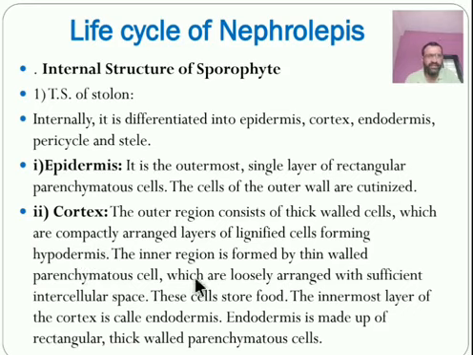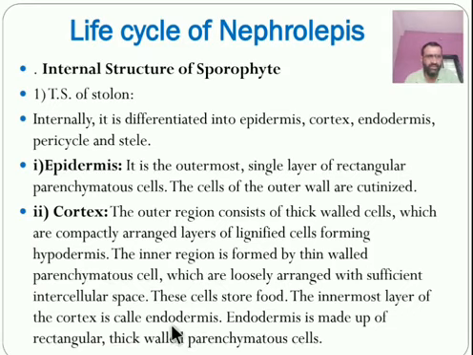The inner region is formed by thin walled parenchymatous cells which are loosely arranged with sufficient intercellular space. These cells store the food material. The main function of the cortical cells is to store food material, and the innermost layer of the cortical cells is known as the endodermis. The outermost layer is the hypodermis.